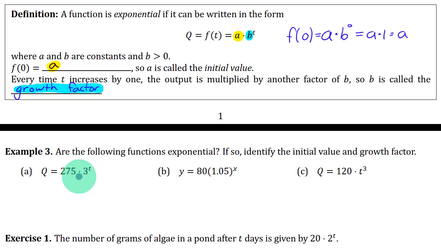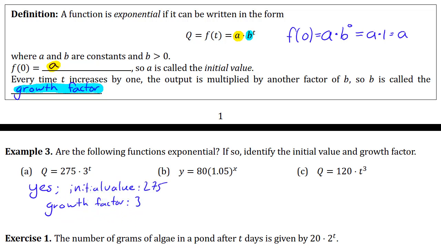So the a is 275, and the b is 3. So the initial value is what we're calling a here, and that's 275. That's what you'll get for q when you plug in t equals 0. The growth factor is 3.